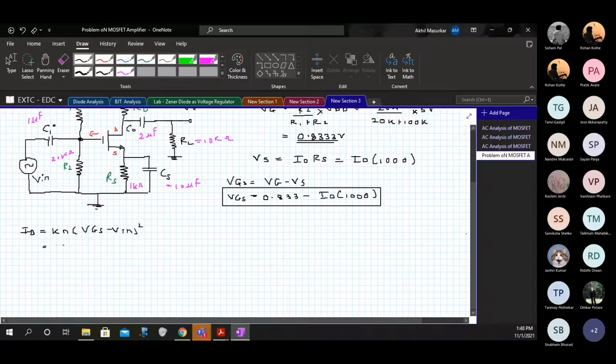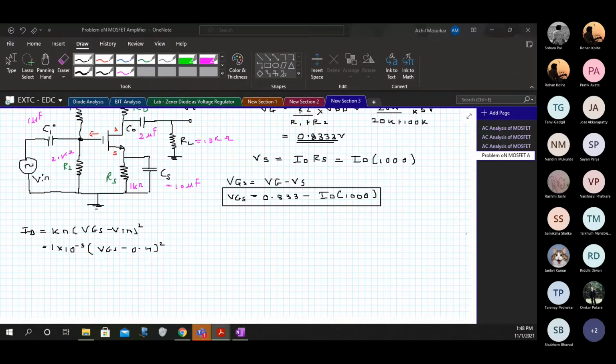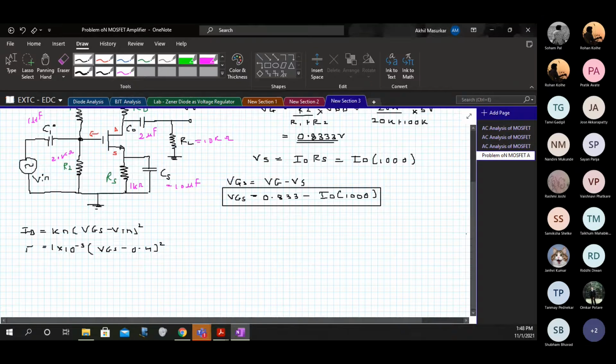So that is going to be 1 into 10 raised to minus 3 into VGS minus 0.4 the whole square. So what you can do is put this ID equation in the above equation.